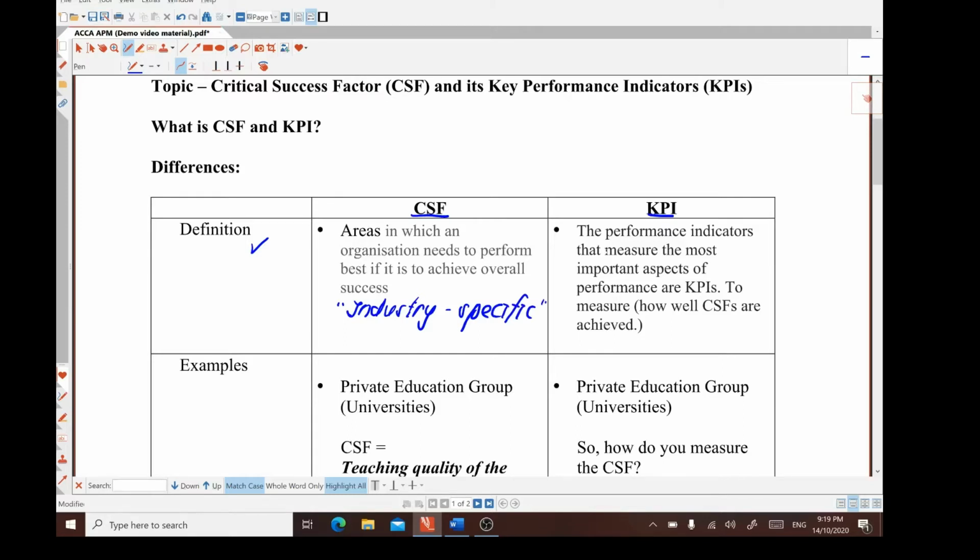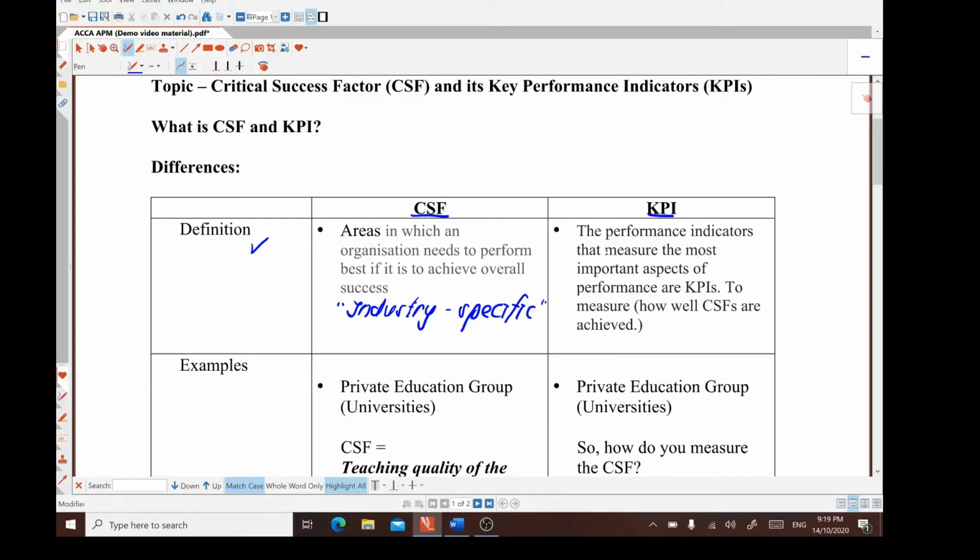For instance, if we talk about a private university in the education line, one of the best critical success factors would be teaching quality, which is something they must perform well. But of course, students may be asking, how do we measure the CSF?